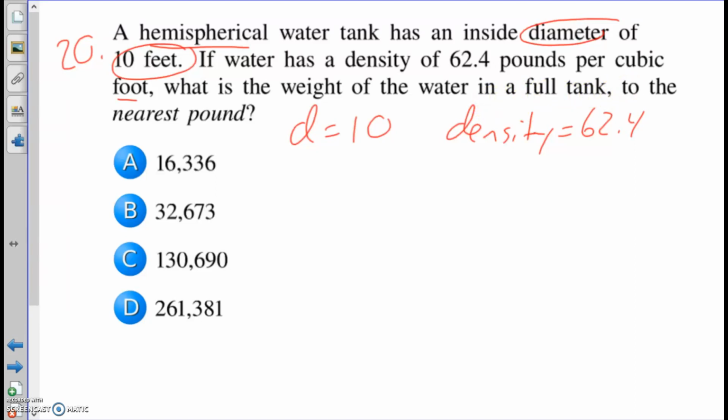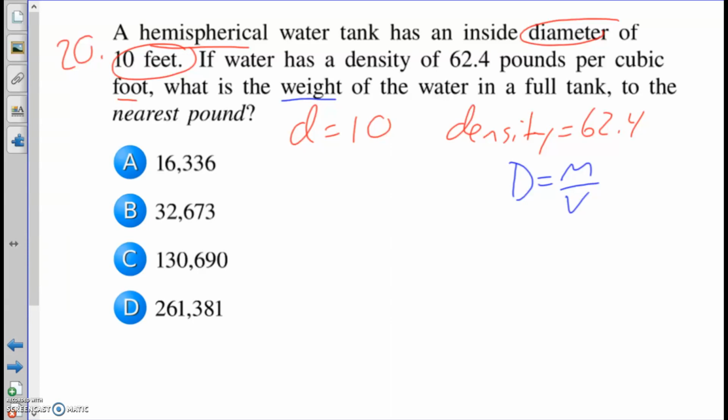Well, density equals mass divided by volume. And so we have density. We can use the diameter and the fact that it's a hemisphere to figure out the volume, and then cross multiply to find the mass. And when they say weight here, they mean mass. As an astronomy fan, that kind of bothers me that they're using those as the same thing, but we'll get past that.